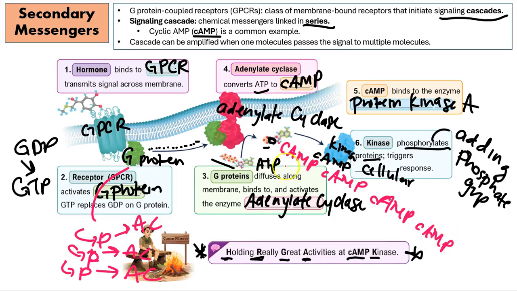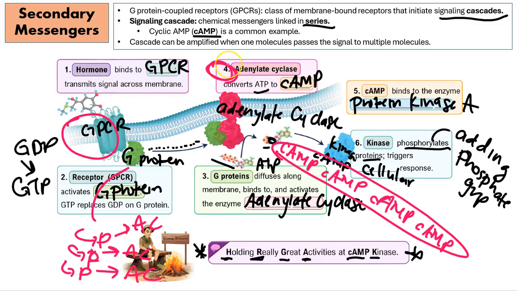So because it can make many cyclic AMPs because of ATP just moving around in the actual cytosol, and of course because we have a lot more adenylate cyclase that's being activated due to the multiple G proteins, then guess what? We can actually have an amplification at this step. So this step here with the GPCR and also the adenylate cyclase, I will say step 2 and step 4 are the main ones that we can see having amplification.